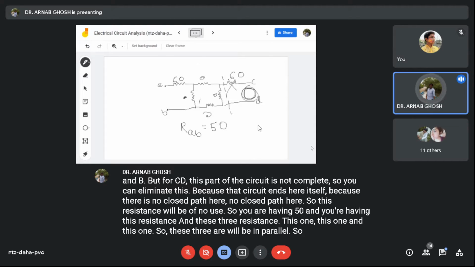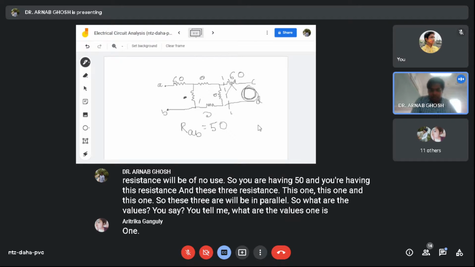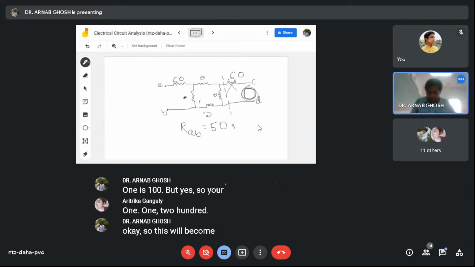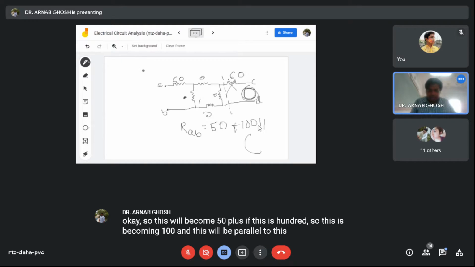So what are the values you say? You tell me what are the values? One is 150. 100. Yes. Okay, so this will become 50 plus, if this is 100, this entire branch.